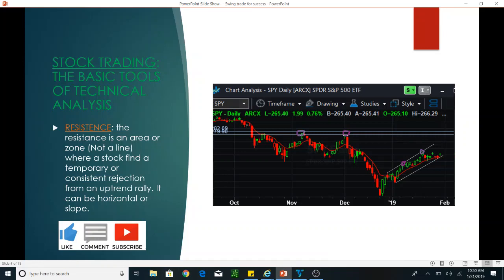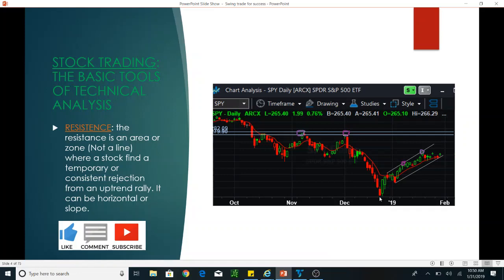It can be horizontal or sloped. If you look at this stock, the stock came up a little bit here. This is going to be a resistance. It got a rejection. The stock came down again. It went up this way, got another rejection. It went up again, got another rejection. Then the stock drops hard.